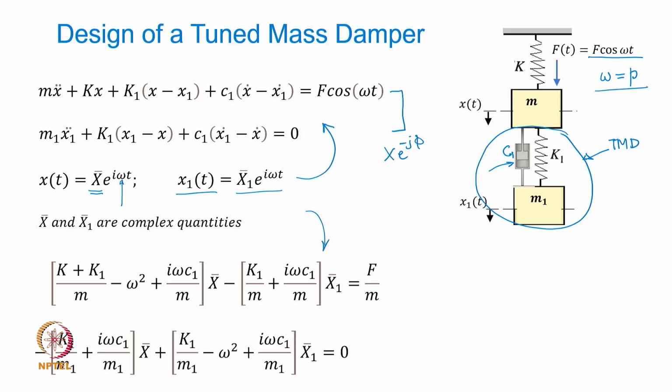Now, with these equations, as we have been doing, we have to get an expression for x bar and x1 bar. These are basically going to give you the amplitudes of the response of the primary system and the secondary system. Okay. So how to get x1 bar and x bar, and obviously we will try to normalize those response expressions by using appropriate quantities.